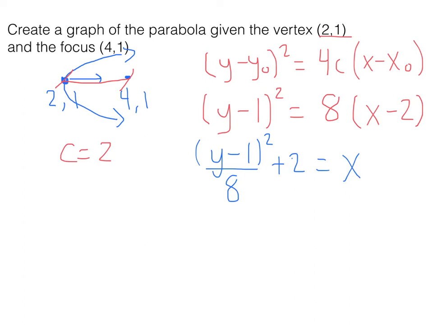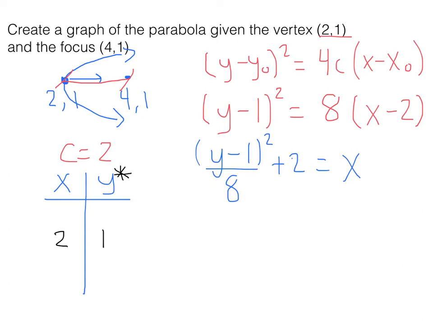So then when I make my table, I'm going to do this a little bit differently. My vertex is still going to go in the middle. But this time, instead of plugging in x values, I'm going to plug in y values. The reason why I'm doing this is so I can avoid taking square roots of anything.